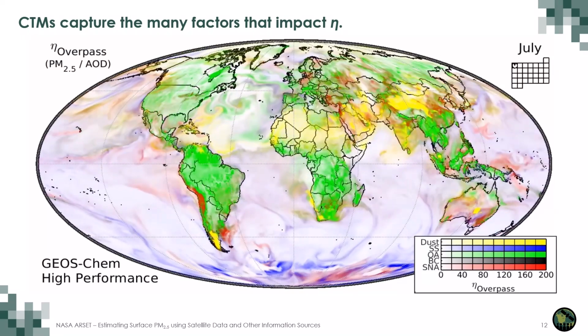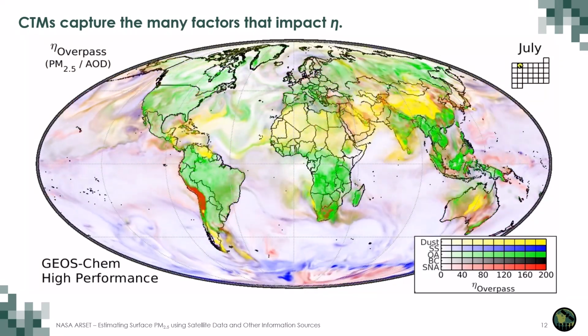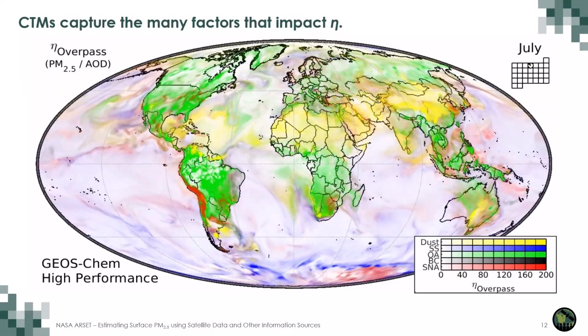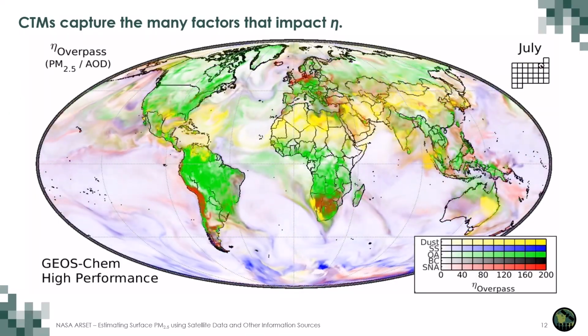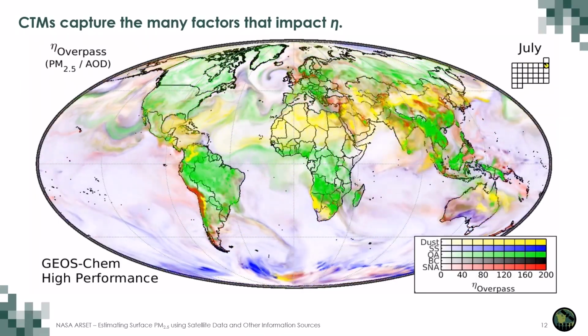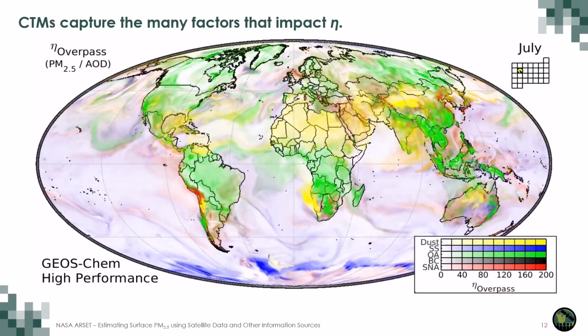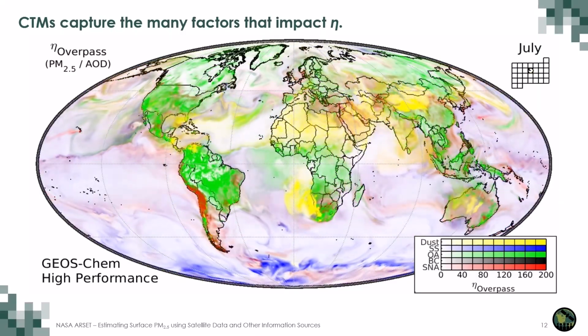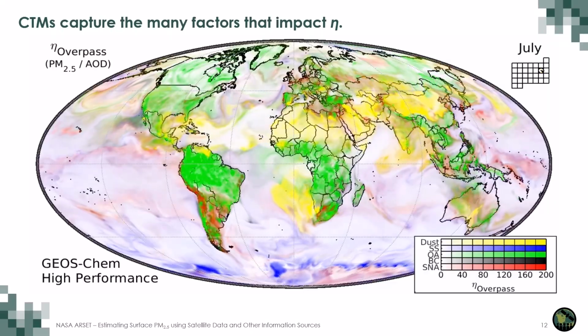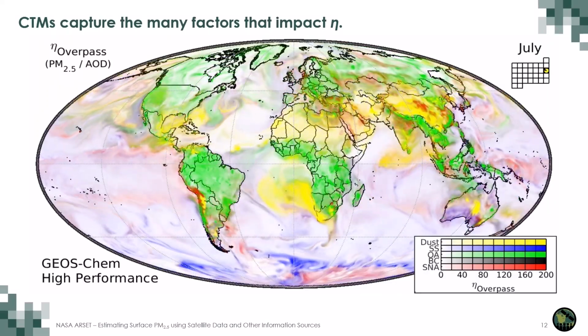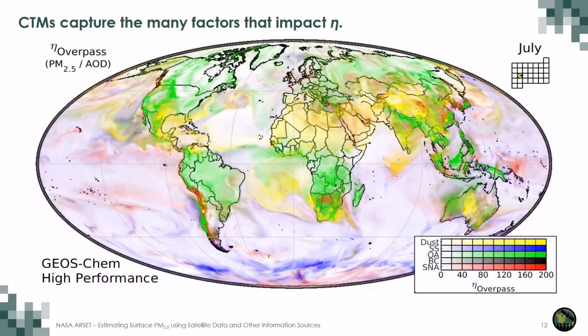Here we have an example of a CTM predicted eta, in this case for the month of July 2023. The different colors are associated with the contributions of different aerosol types to eta, with yellow for mineral dust, blue for sea salt, green for organic aerosol, black for carbonaceous aerosol, and red for inorganics, being sulfate, ammonium, and nitrate.